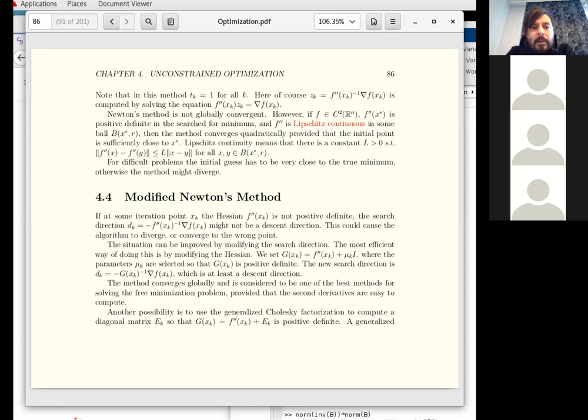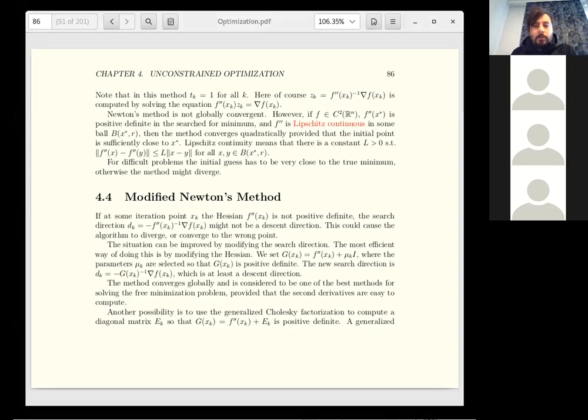And one way to do it is by just adding stuff on the diagonal of the Hessian until this modified matrix is positive definite. This would guarantee that the search direction is at least a descent direction. There are other tricks like what is known as the generalized Cholesky factorization. I'm not going to go there, but I'm going to give you an example to do in groups.